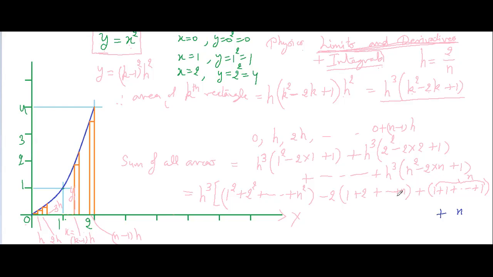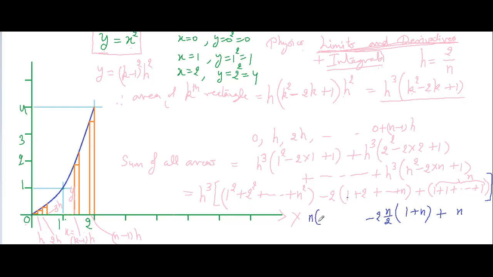And what is the sum of the first n natural numbers? This is an AP. First number plus last number, multiplied by the number of numbers n, so n divided by 2 into first number plus last number. And what is this? The sum of the squares of the first n natural numbers. You write the formula here.